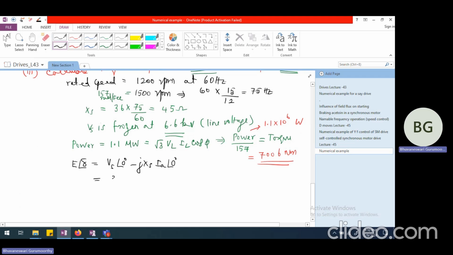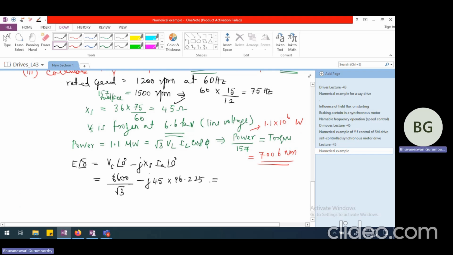Vs is 6,600 divided by root 3 minus j, Xs is 45 ohms, and Ia is the rated value, which is 96.225.